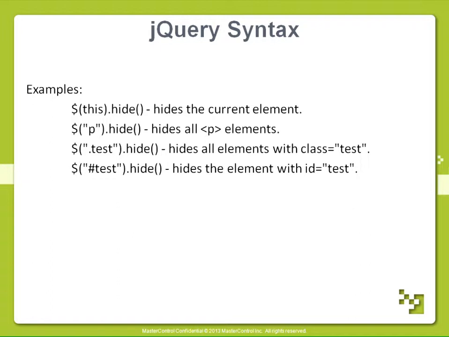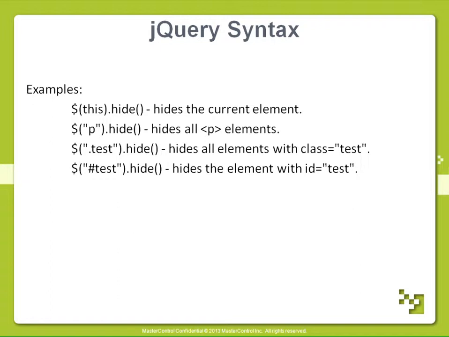In the first example you're pointing at a very specific field or object. This one, you're pointing at all P elements. A P tag in HTML, for those who don't know, is a paragraph tag. It creates a new paragraph within your HTML page. Let's talk about a real-world example.